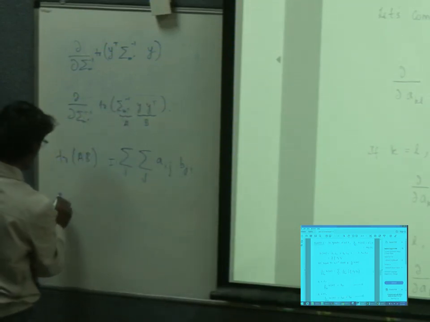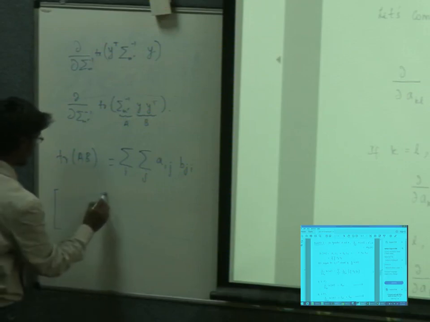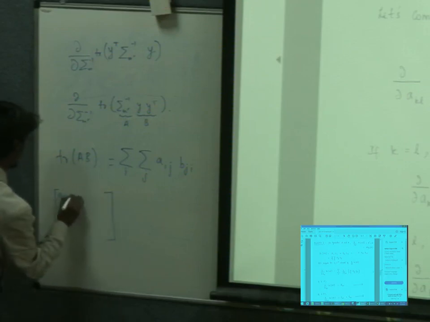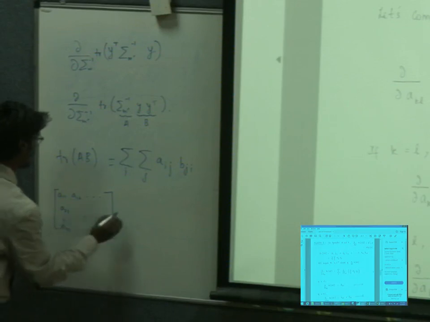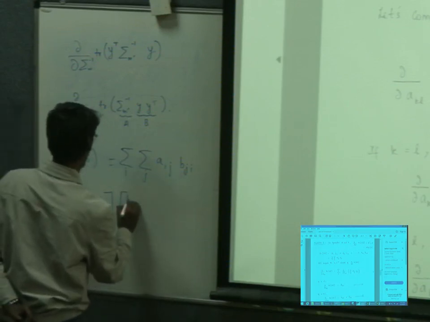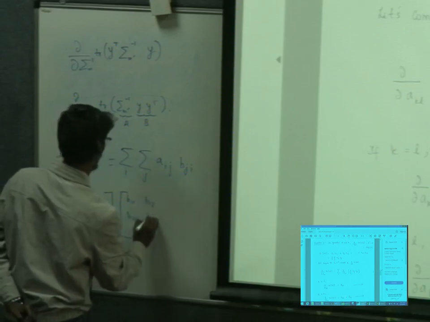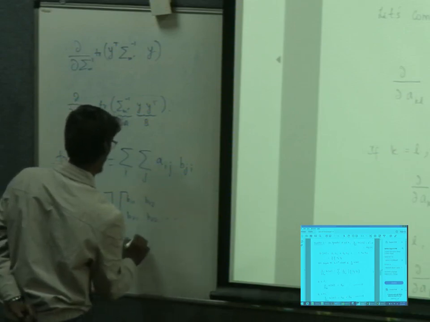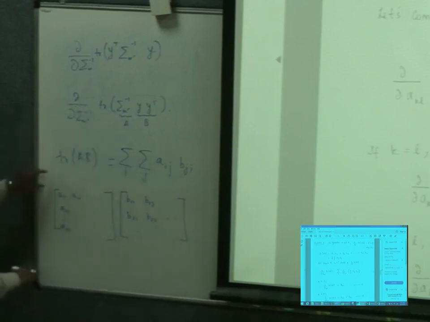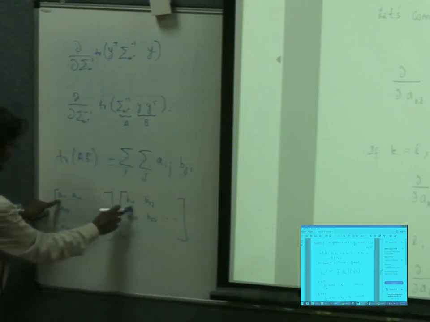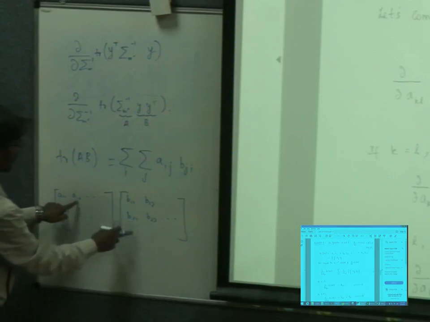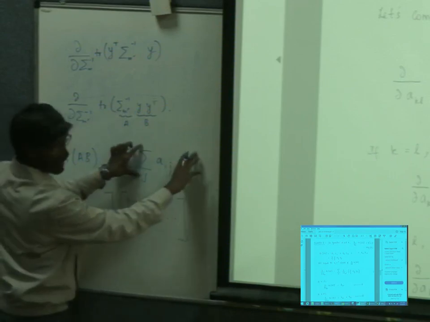This is nothing but whatever elements you have, A11, A12 and so on, A21, AN1 and so on, and whatever the B11, B12, B21, B22, and so on. So this is nothing but A11 into B11 plus A12 into B21 and so on. So that constitutes the inner summation.